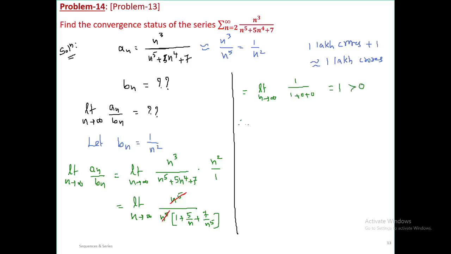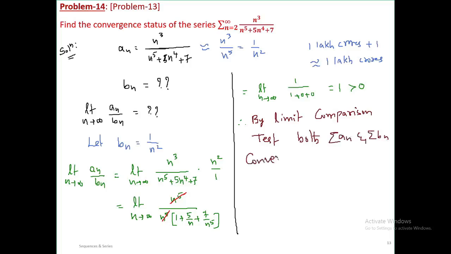So therefore, what I need to write: by limit comparison test, both series an and series bn converge or diverge together.